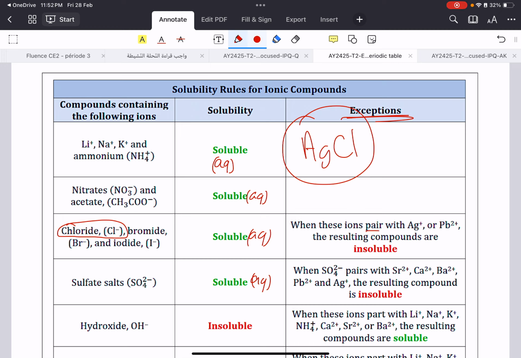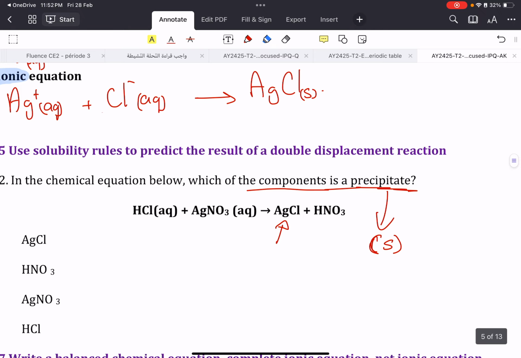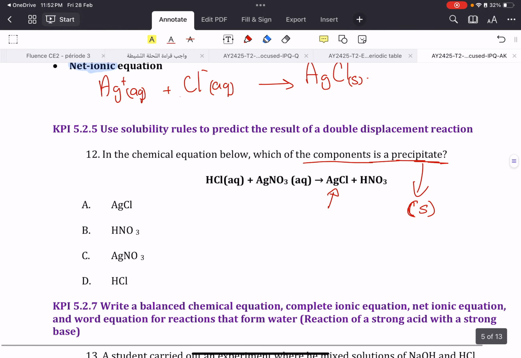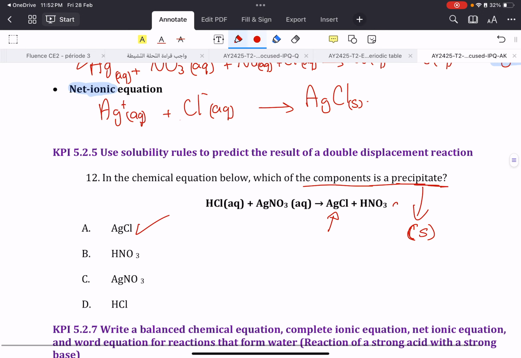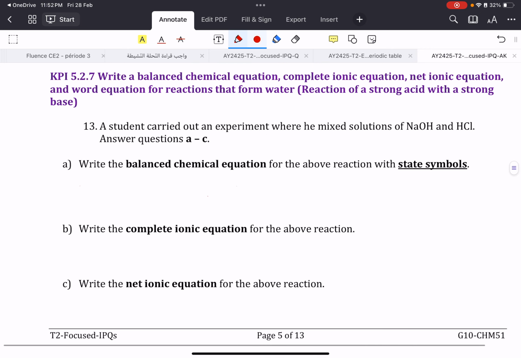When Cl pairs with silver, which is our case, or lead, not our case, the resulting compounds are insoluble, meaning solid. So in this case, AgCl is the solid precipitate we are looking for. This one is going to remain aqueous. This will be solid.